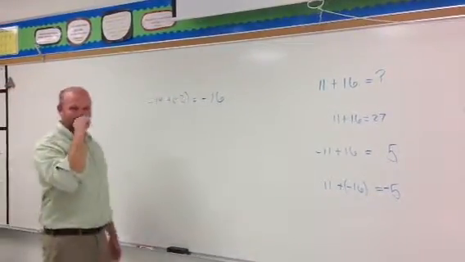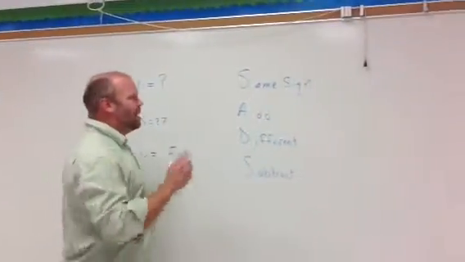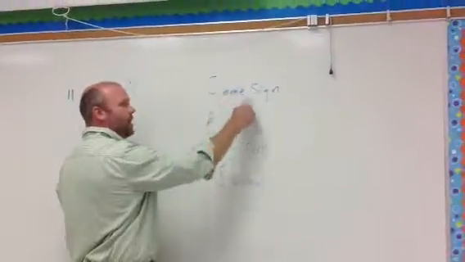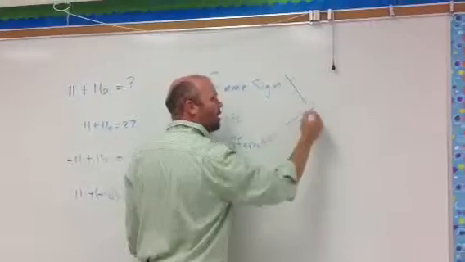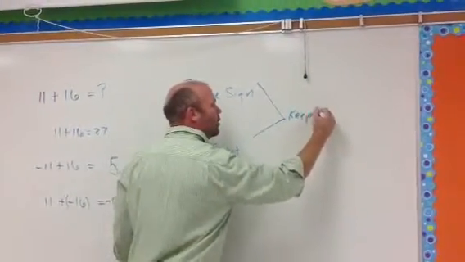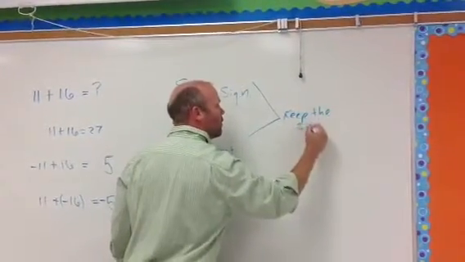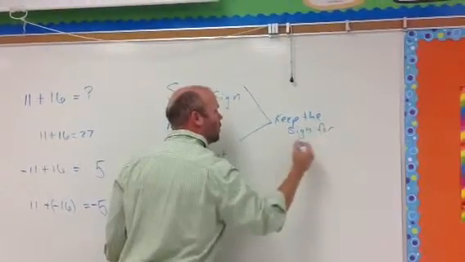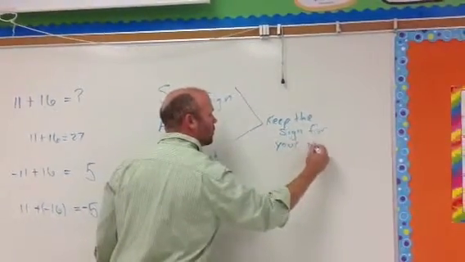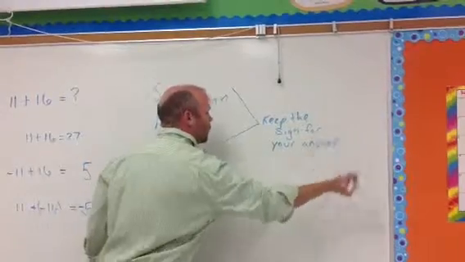Okay? So I'd like to define my rule, and then we'll be done with this lesson. My rule really is same sign, add, keep the sign for your answer. Okay?